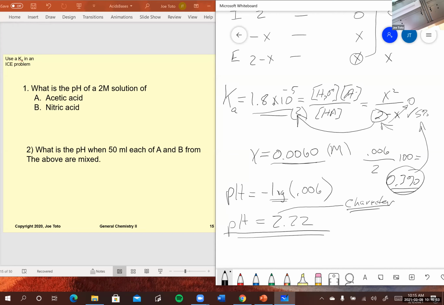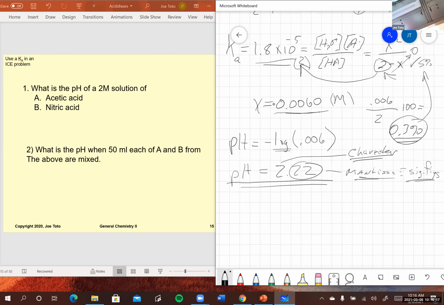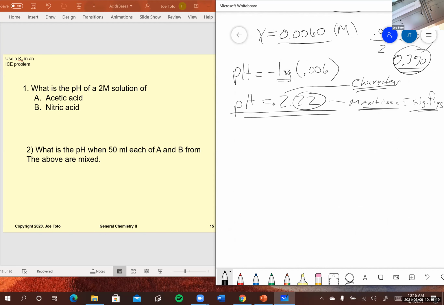And to the right of the decimal is called the mantissa. And the mantissa, that represents all your significant figures. So this is just a mathematical fact that you might remember. If not, you can look it up, but you should remember it now.